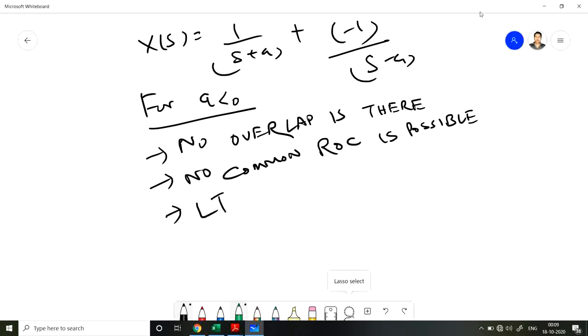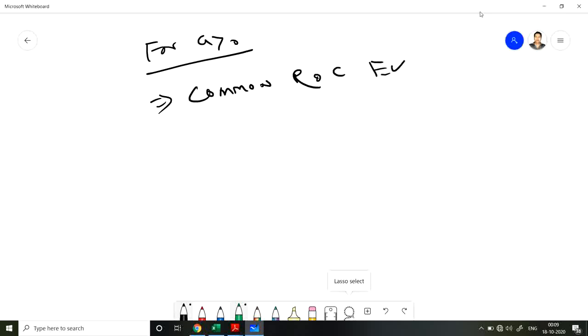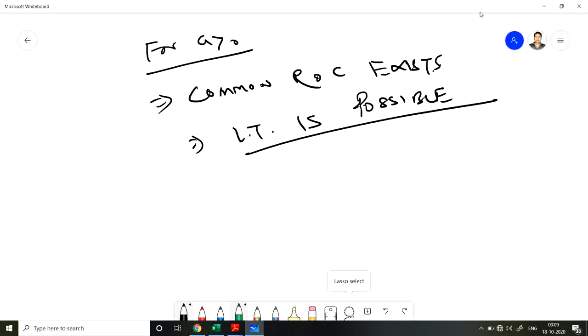So the Laplace transform does not exist when a is less than 0, and for a greater than 0, a common region of convergence exists. So the Laplace transform is possible.